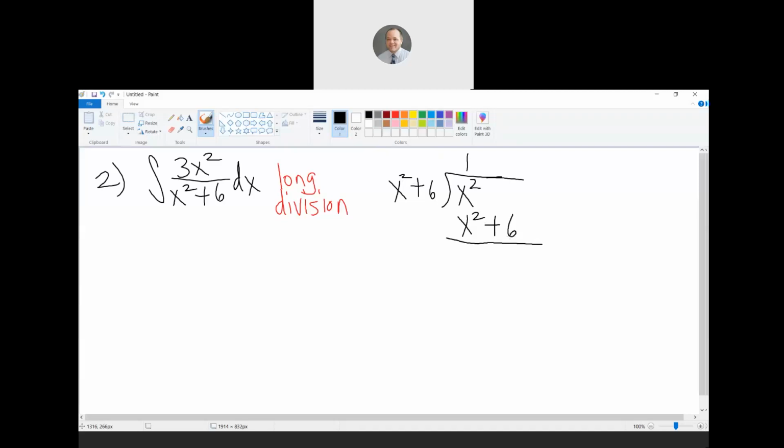Now, if you were dividing regular numbers, at this point you would subtract to get the remainder. So we just change our signs here to their opposites. The x squareds cancel, and we're left with -6.